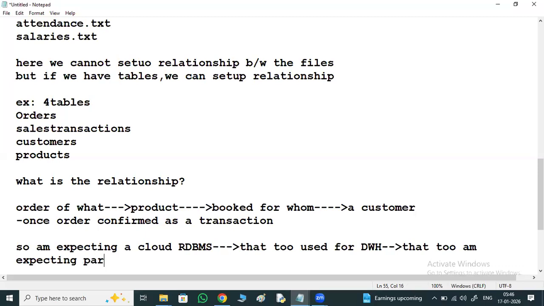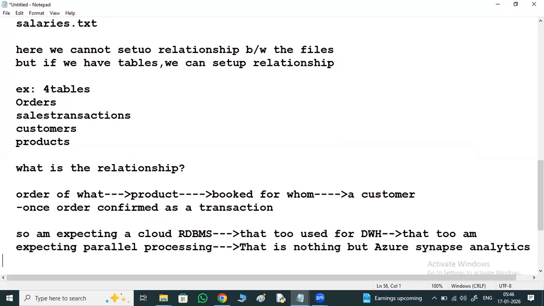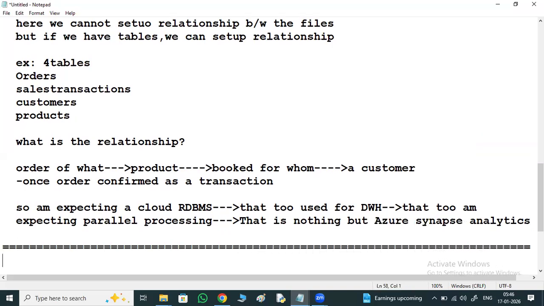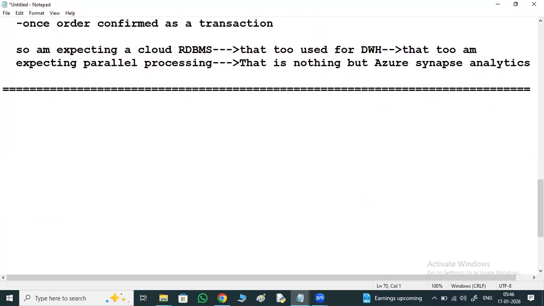That two I'm expecting parallel processing. That is nothing but Azure Synapse Analytics.